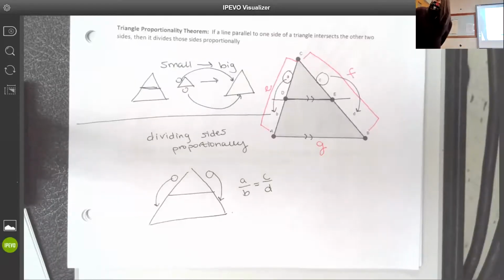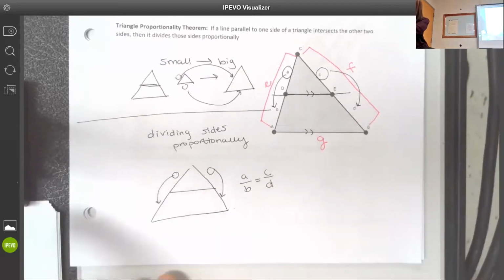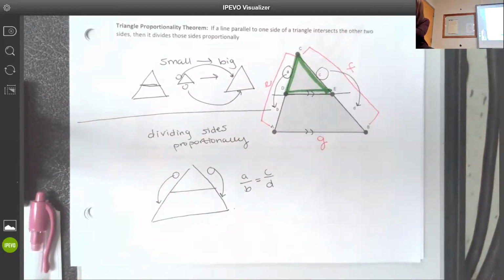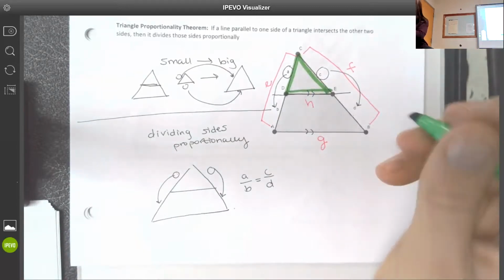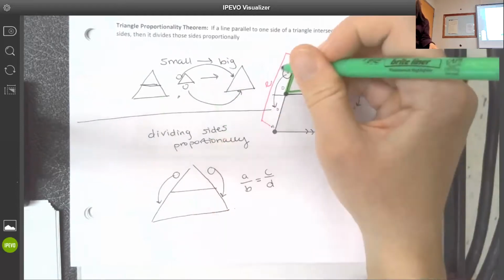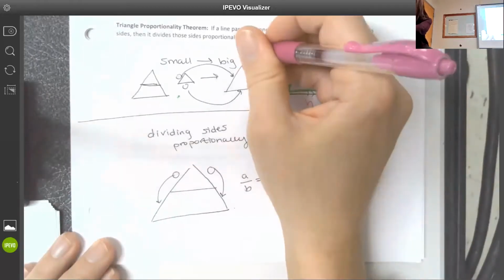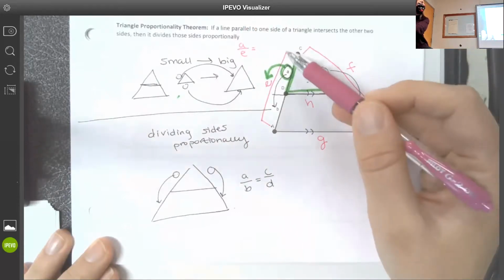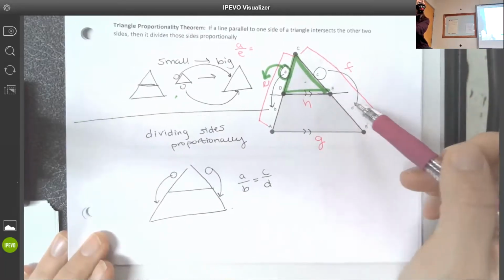Okay. So adding those letters, if this is my small triangle in here, I need to add one more letter. Let's call this H. That's the short length. If I'm going from small to big, what I have written up here, then I can say A to E, small triangle to big outer triangle, would be equal to, give me another one that it would be equal to.